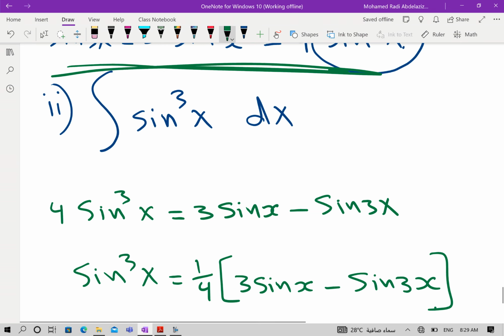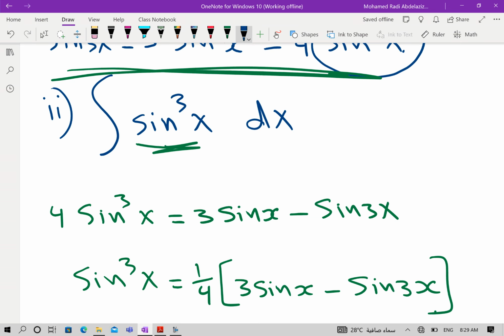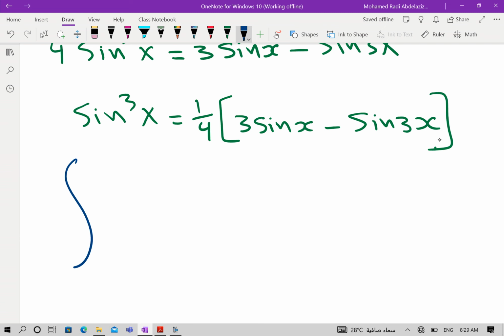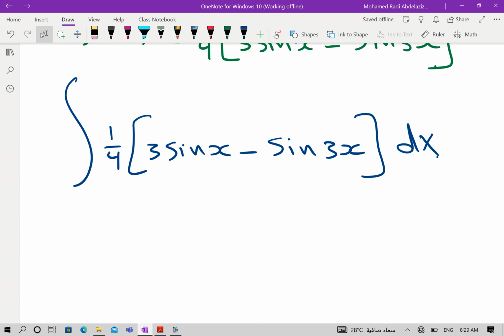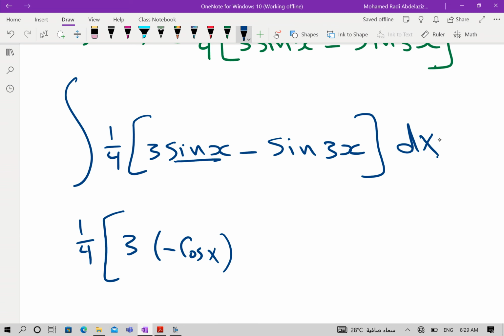Now, you can integrate sine cube. Remove sine cube and write one fourth, 3 sine x minus sine 3x by dx. Now you can integrate sine and you can integrate sine 3x. One fourth bracket 3. Integrate of sine is negative cosine x. Easy.